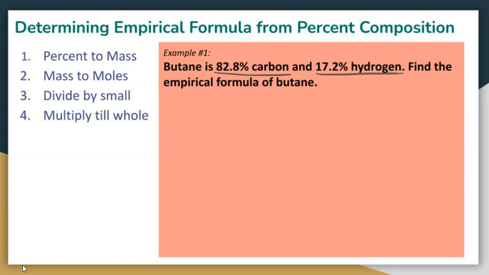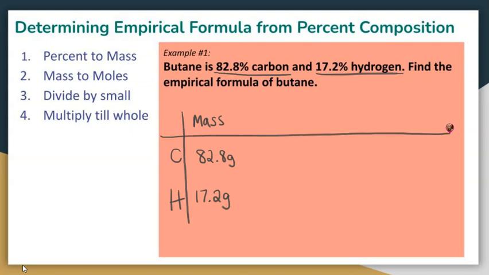So we're going to write out our two elements, carbon and hydrogen, and then we're going to put 82.8 grams of carbon and 17.2 grams of hydrogen. And that is our percent to mass step. That's all we have to do for that first step here. Pretty easy start. And I go ahead and make my table because I'm going to have more conversions coming in this problem.